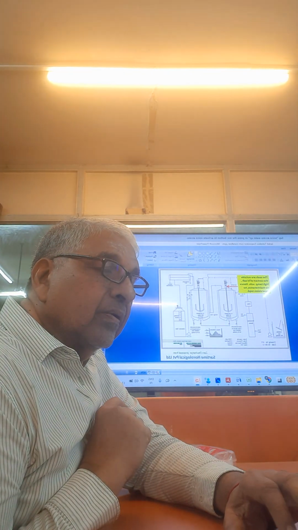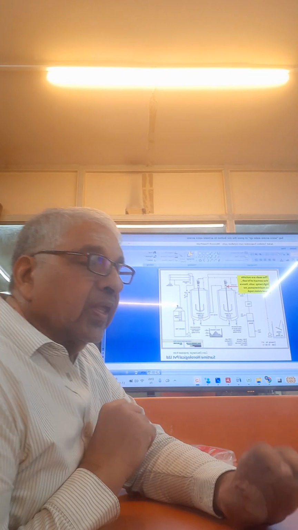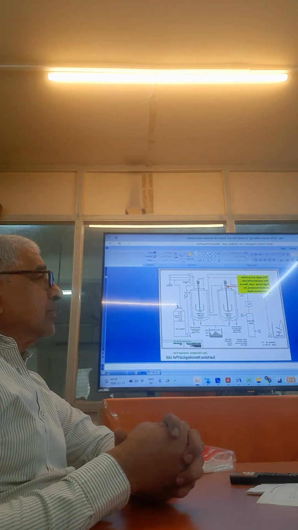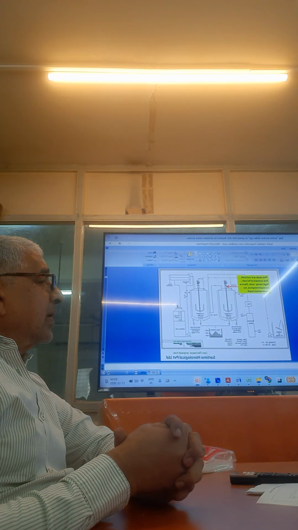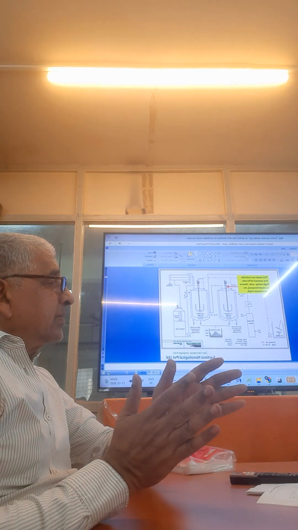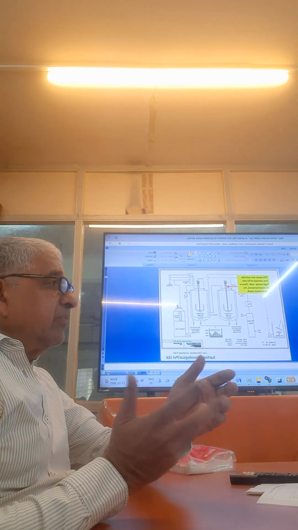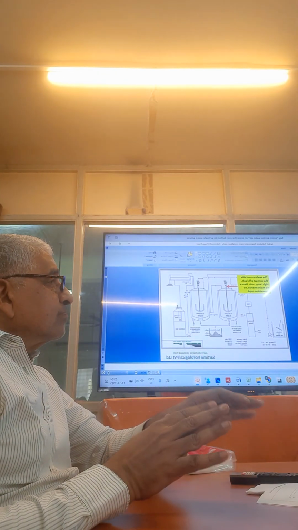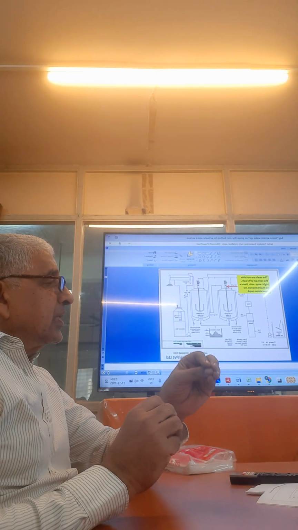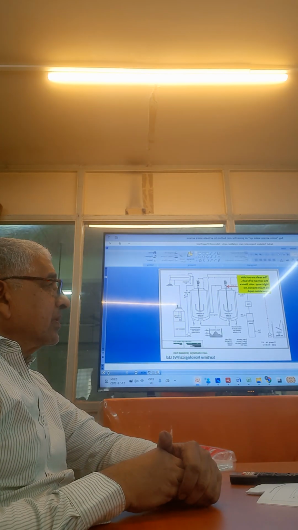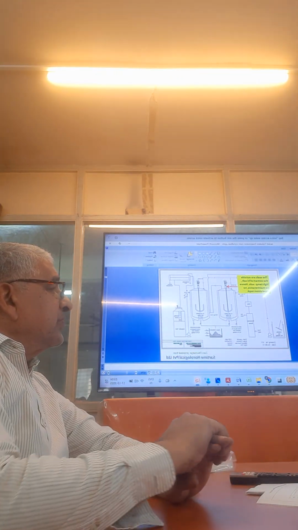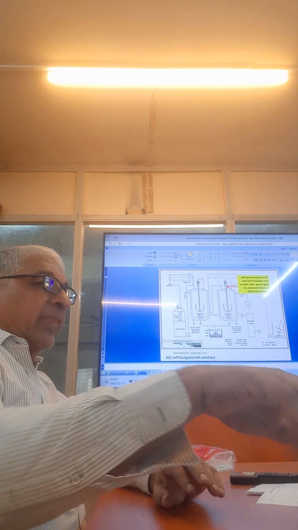Whether the consumption will be higher or lesser compared to the Calandria? It will be almost similar. For the same capacity, the steam consumption will be similar, because the steam consumption is directly related to the number of stages. So for the first two stages, whatever the Calandria efficiency you give, you will get it here.